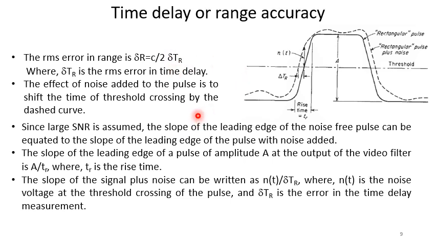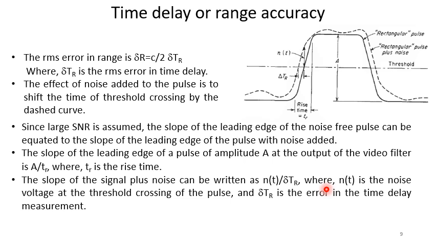The effect of noise added to the pulse is to shift the time of threshold crossing by this dashed curve. Since large SNR is assumed, the slope of the leading edge of the noise-free pulse can be equated to the slope of the leading edge of the pulse with noise added.